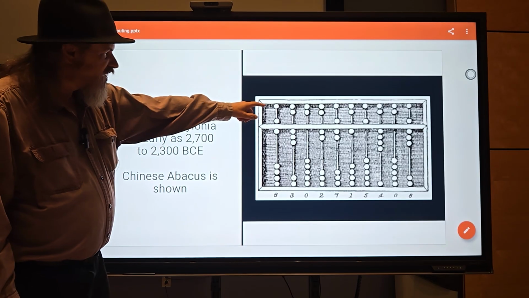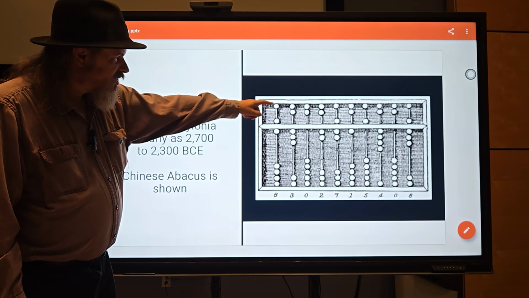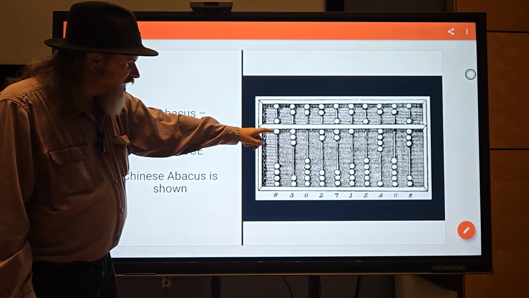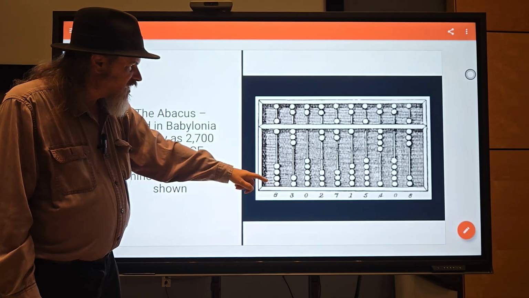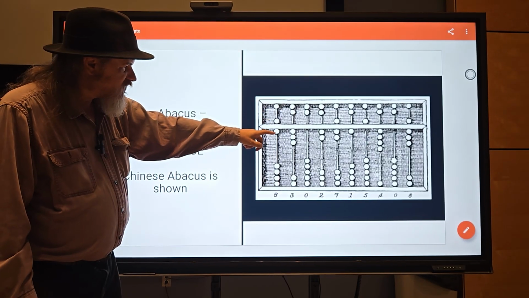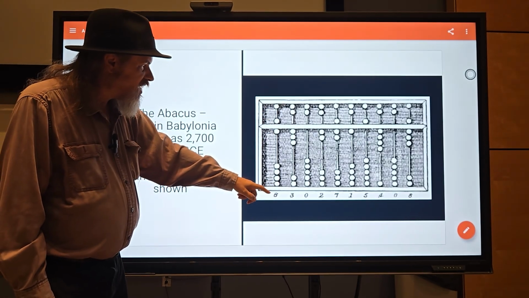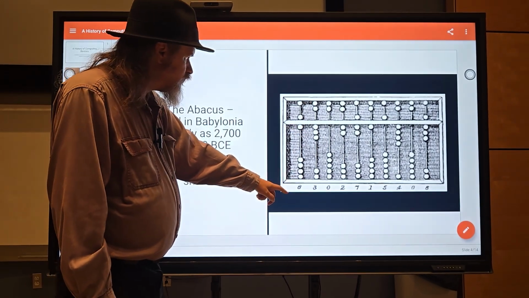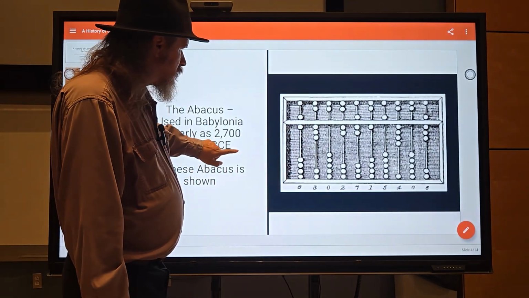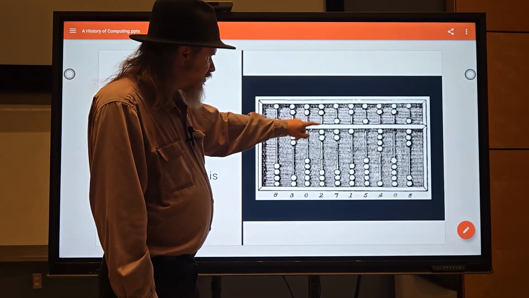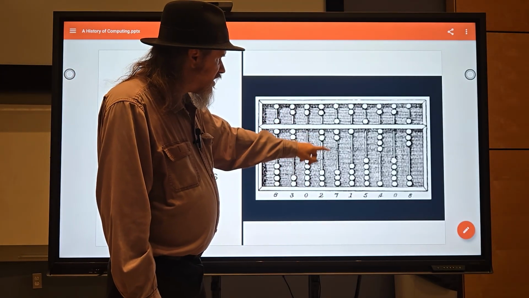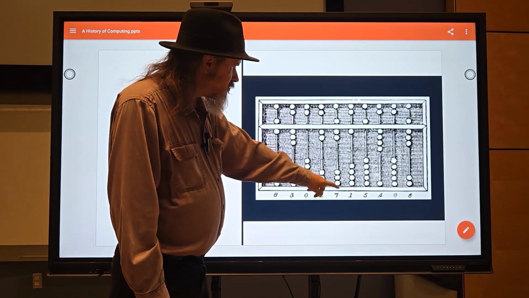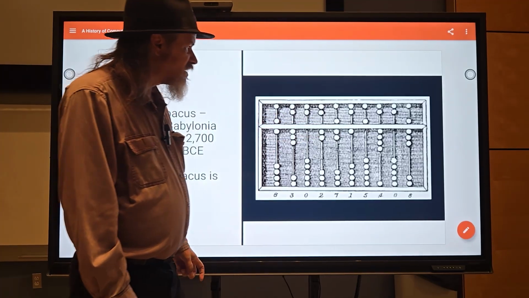Representing numbers was groups of 5 here and 1s here. So this is 5 plus 1 is 6. This is 0 plus 3 is 3. 0 plus 2 is 2. 5 plus 2 is 7. And so on and so forth.